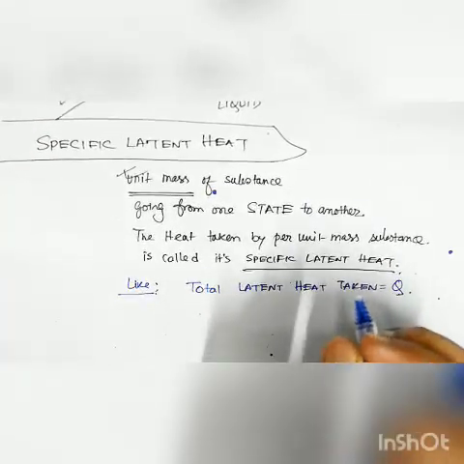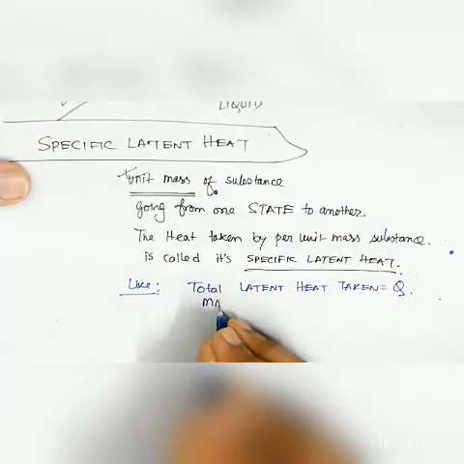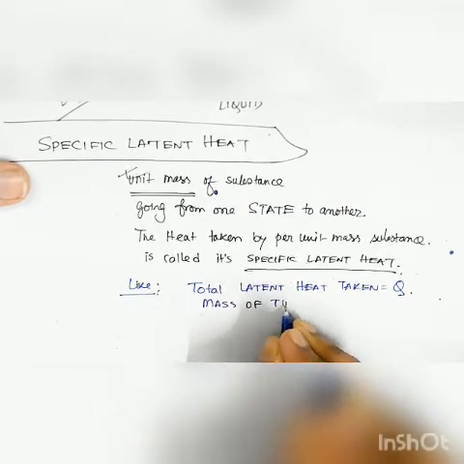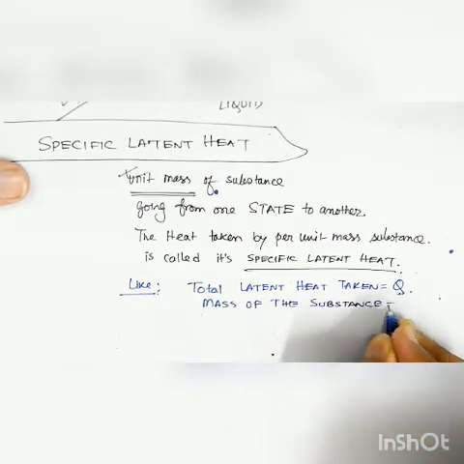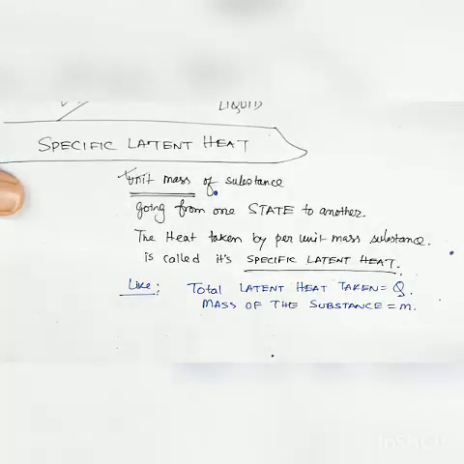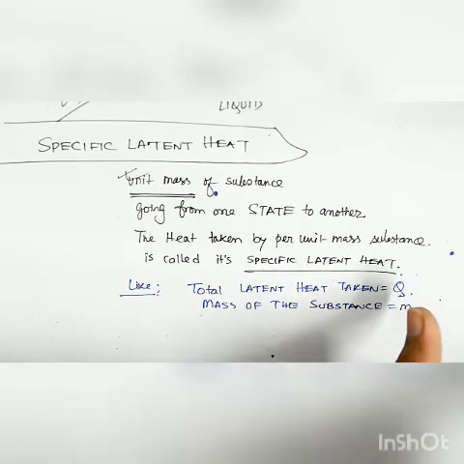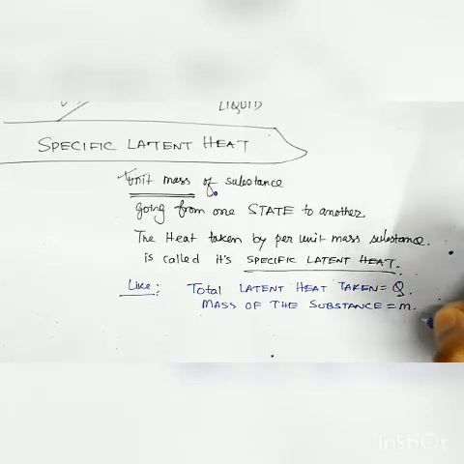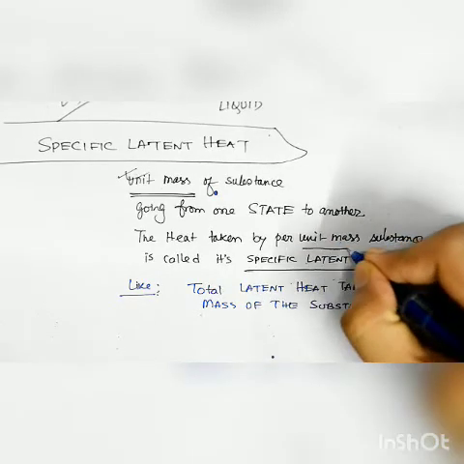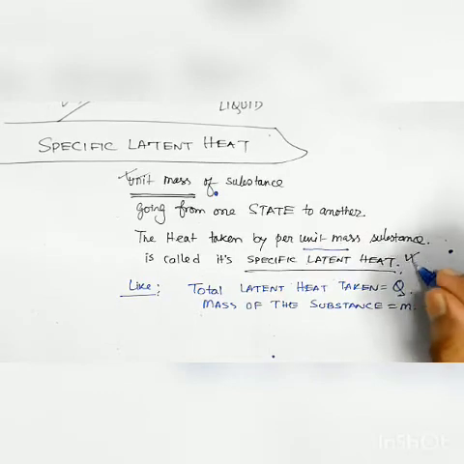Now, if I take the mass to be small m, so the mass is m and the heat taken is Q. If I ask you how much heat is taken per unit mass, how will you answer? Q by m. Q is the total heat taken, m is the mass. So if I divide Q by m, I will get how much heat is taken per unit mass, and that will be called specific latent heat.